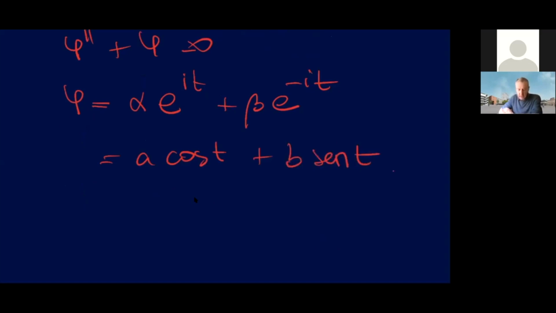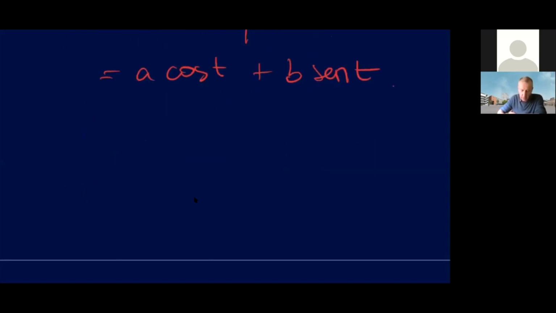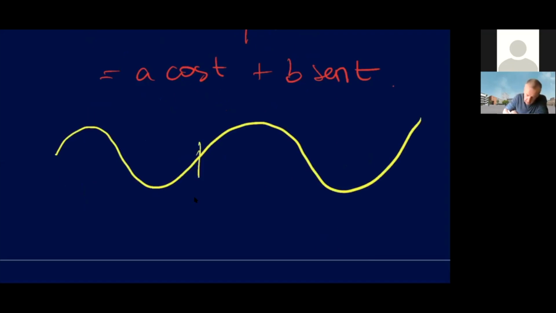But you see that this is a periodic function of period 2 pi, right? Therefore, if you draw this function, what you see is something like this. You have here just 2 pi in every period, right?